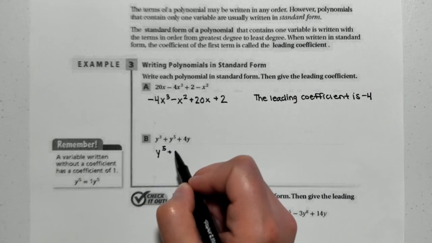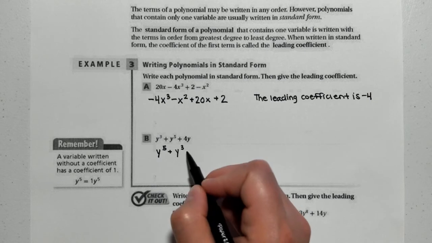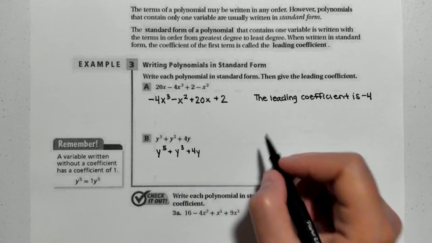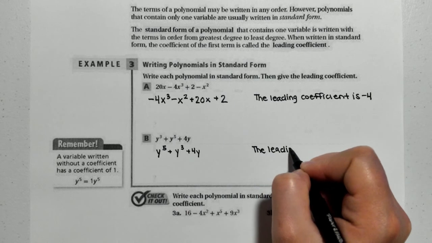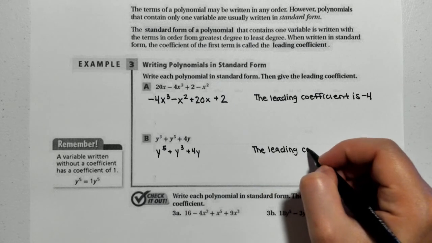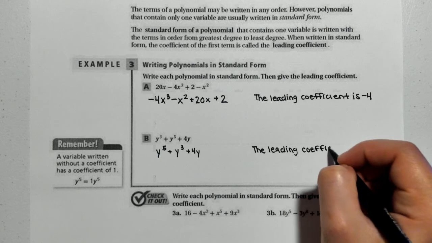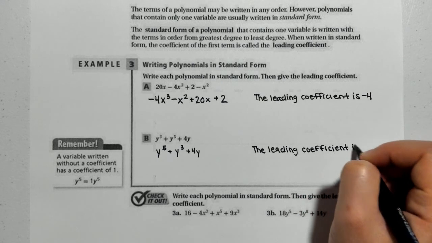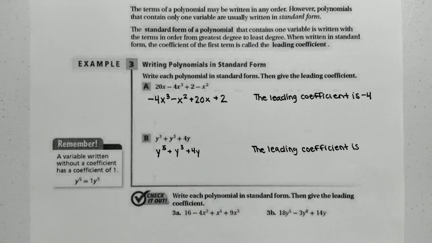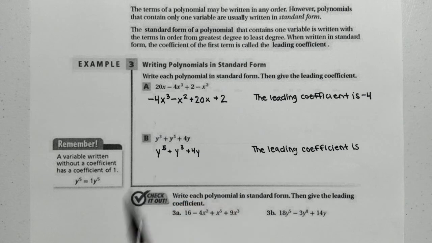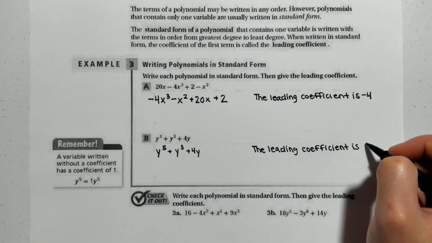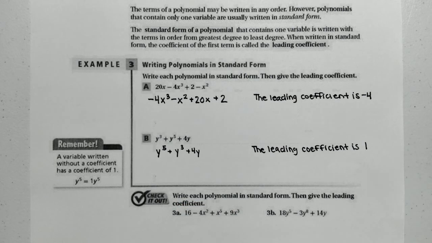Then y cubed, so plus y cubed, plus 4y. And then for the leading coefficient, we have to look at our first term. Our first term here is y to the fifth. So the coefficient of y to the fifth is 1. Normally we don't write 1, but there is technically a 1 there. So our leading coefficient is 1.